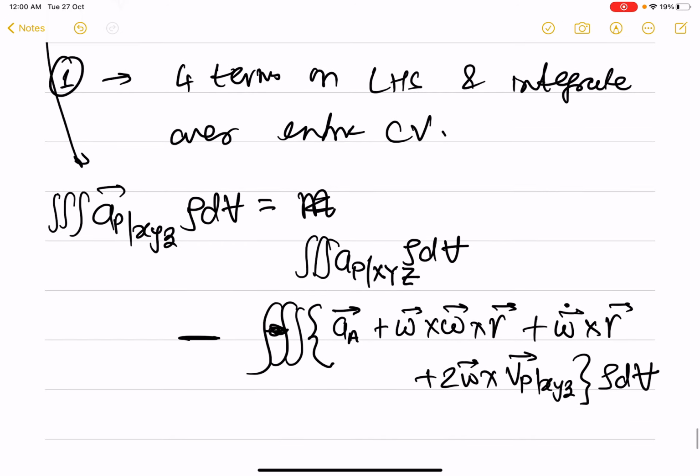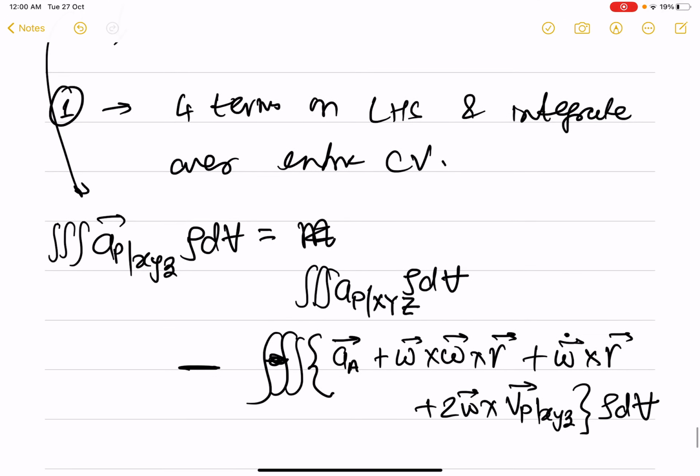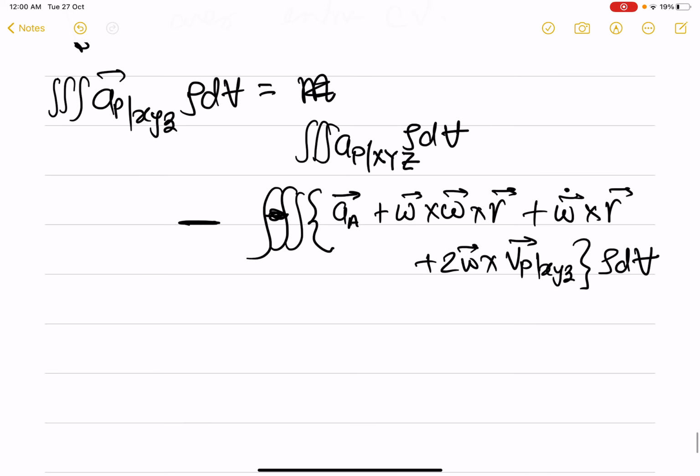Okay, now the first of these terms, what is the triple integral of A_P with respect to the fixed frame XYZ, rho dV?